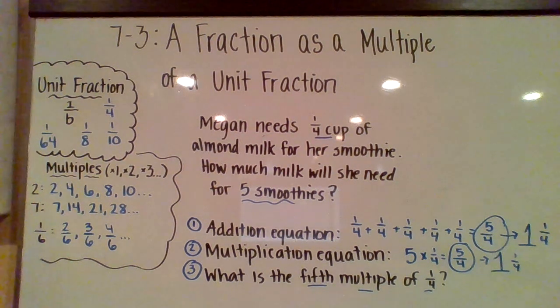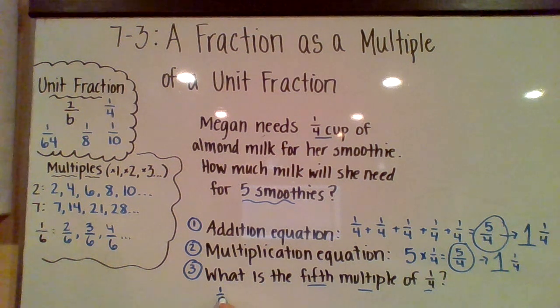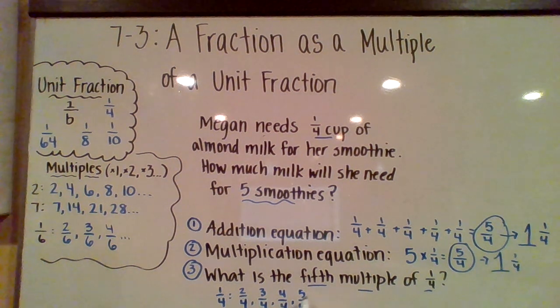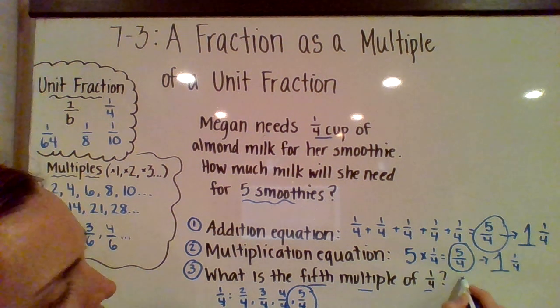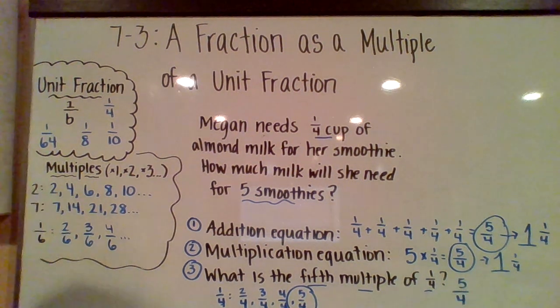So that's like saying I start with 1/4. 1/4 times 1, 1/4 times 2, 1/4 times 3, 1/4 times 4, and 1/4 times 5. So what is 1, 2, 3, 4, 5? The 5th multiple of 1/4 is 5/4. 5/4, the same as my answer. So we solved the problem using an addition equation and a multiplication equation, just like we did last week.